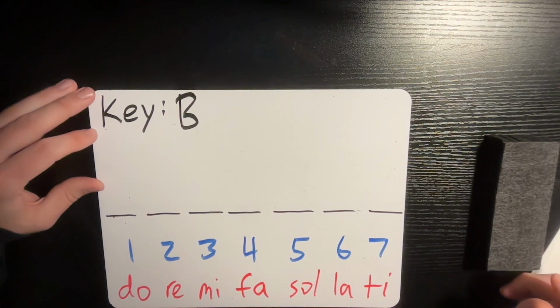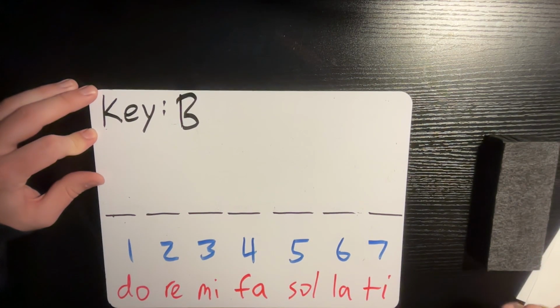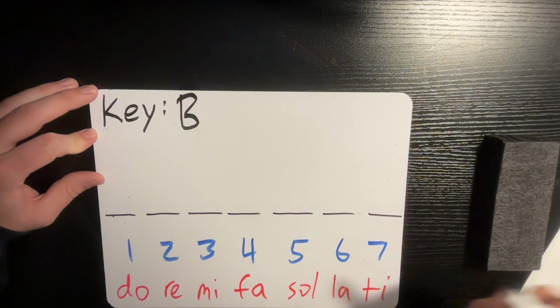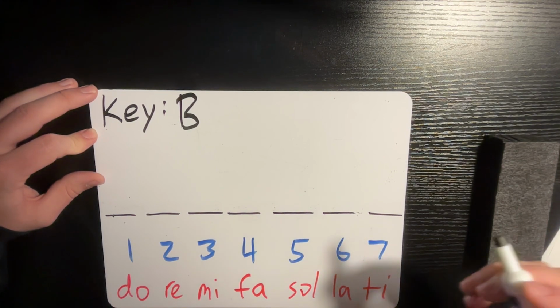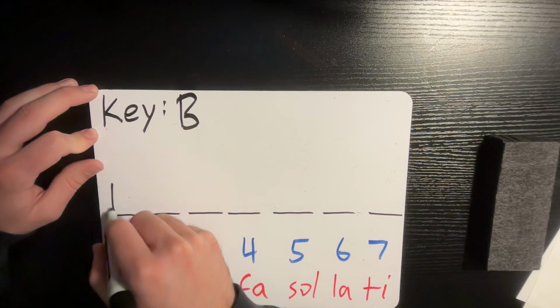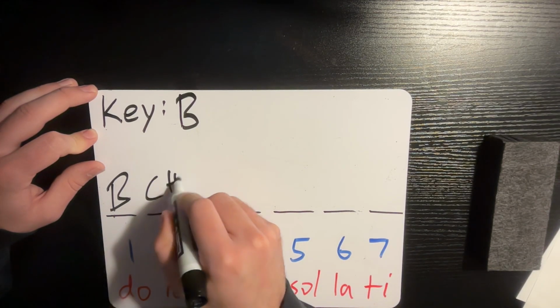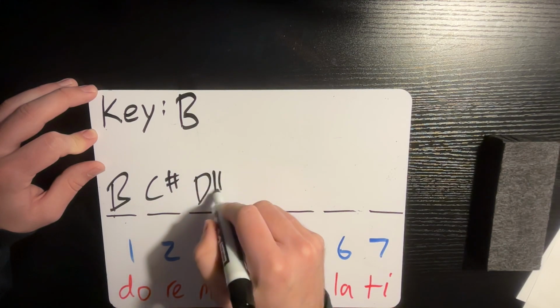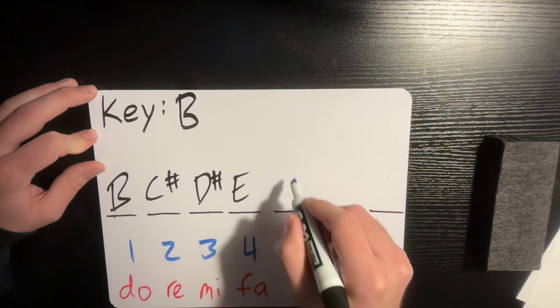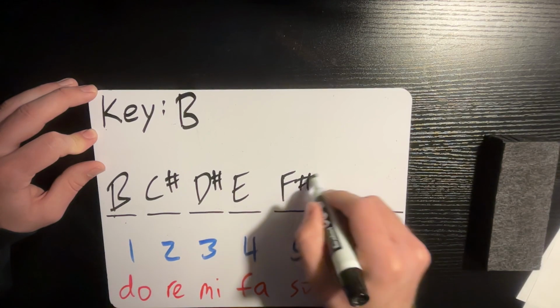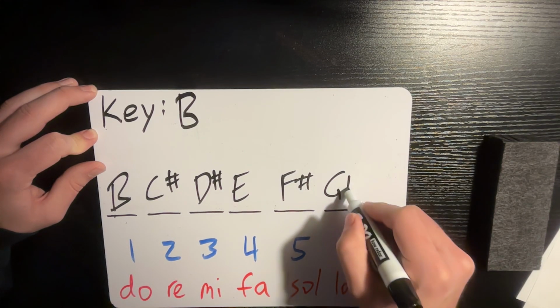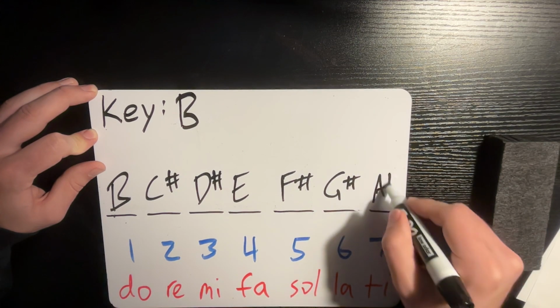Okay, the key of B major. Now, if you're keeping track, this is the fifth sharp scale. We have B, C sharp, D sharp, E, F sharp, G sharp, A sharp.